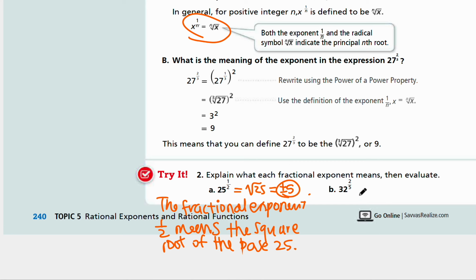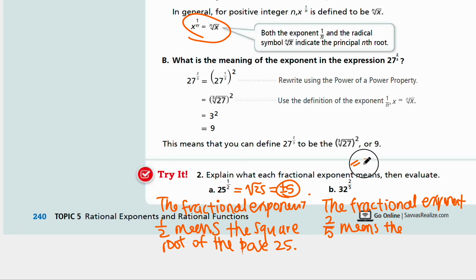Yeah. Let's look at part B. What does the fractional exponent 2 over 5 mean? The fractional exponent 2 over 5 means it's the fifth root. But what about this 2? It's the power of 2, right?